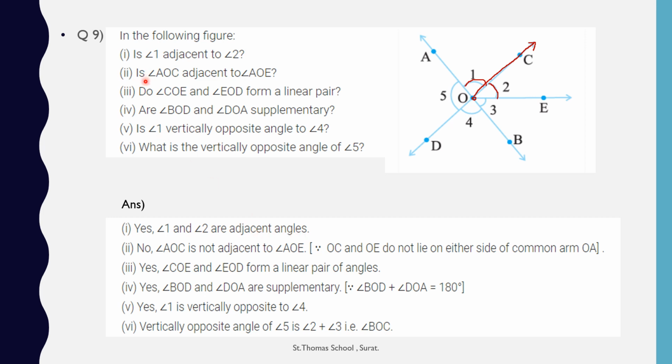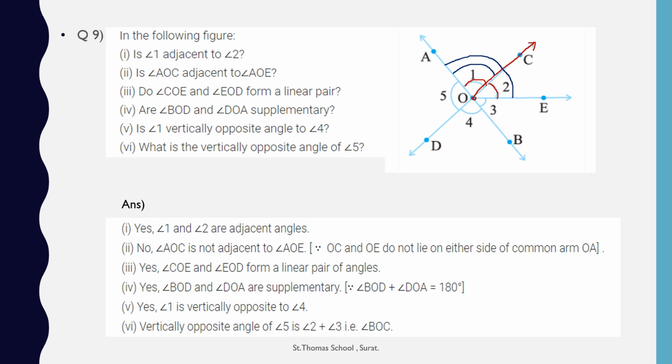Second one, is angle AOC adjacent to angle AOE? Let's check. AOC means this angle. The next one, AOE, means the whole big one, right? They are asking whether these two angles are adjacent angles or not.